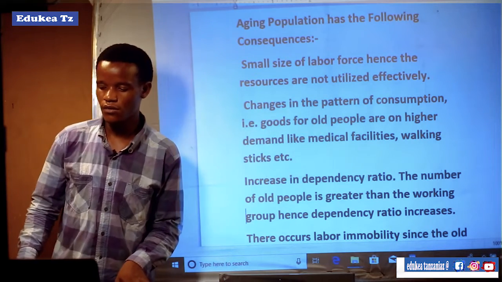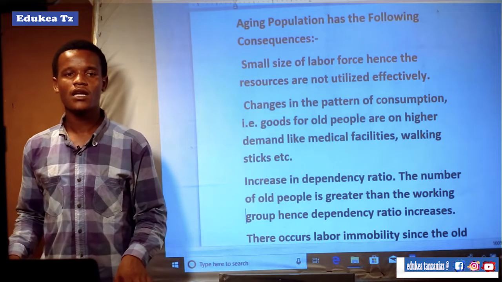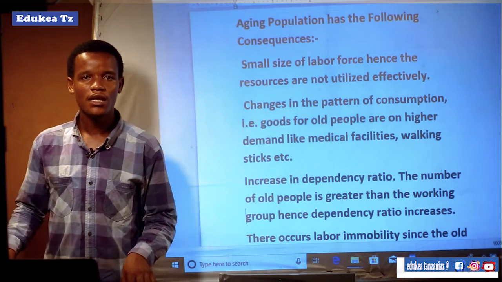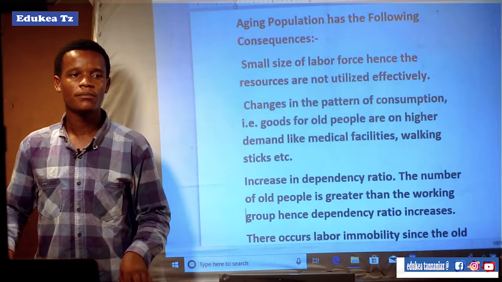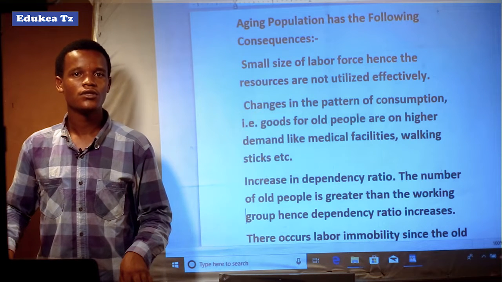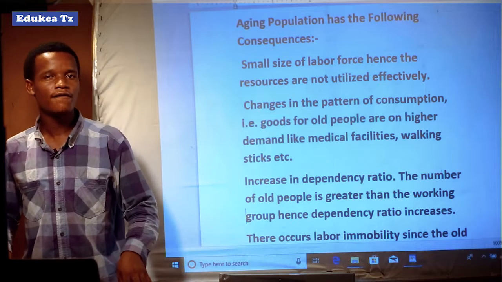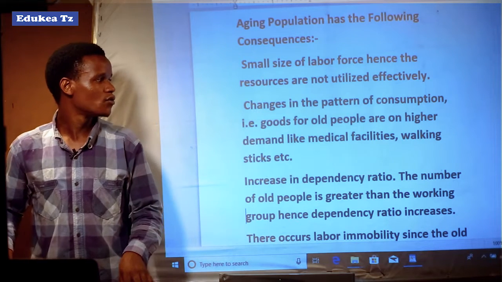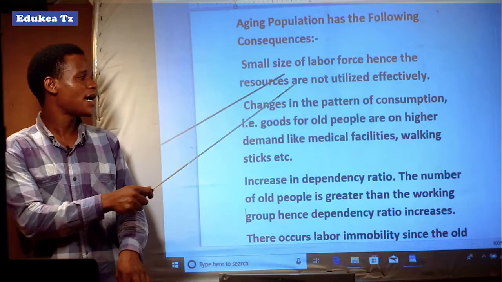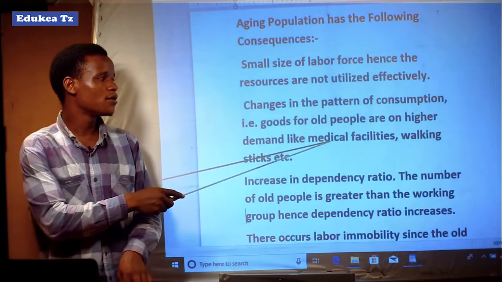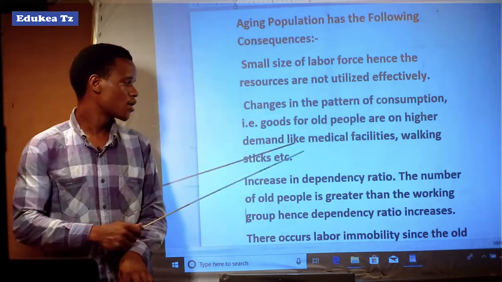Also, in the provision of services to an area with aging population, the services tend to be in higher demand because people aged 64 and above demand different things which have a high price, for example medical facilities and walking sticks.